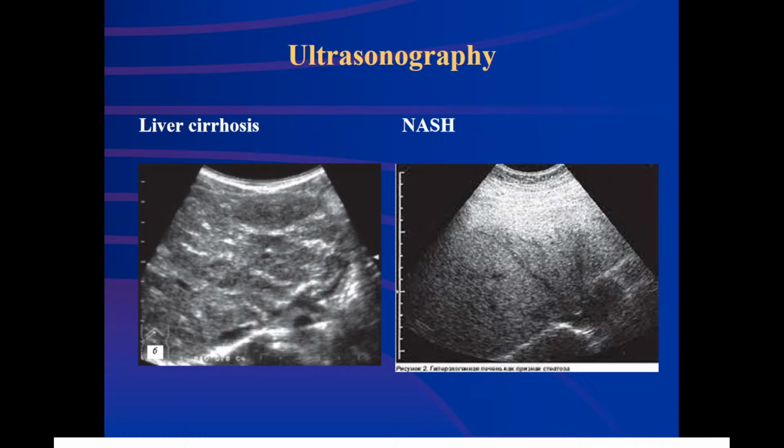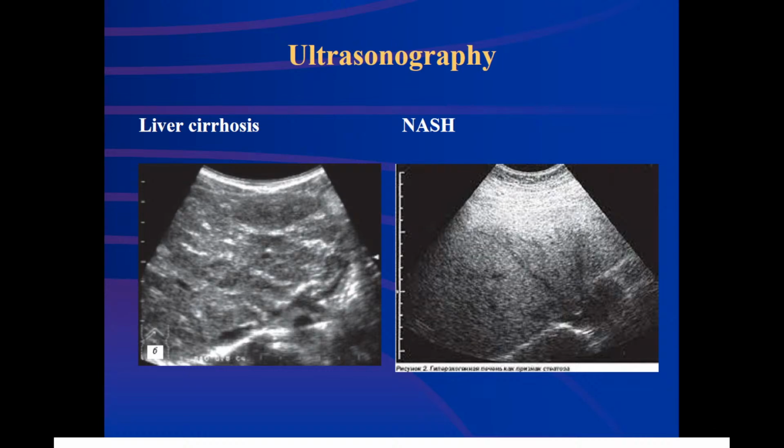More obvious change in the liver is present in case of liver cirrhosis, which you see in the picture on the left of you. You see there is a non-homogeneous structure of the liver with fields of fibrosis, with nodules, irregular fibrotic areas, and change in liver architectonics, and the liver becomes smaller and harder.